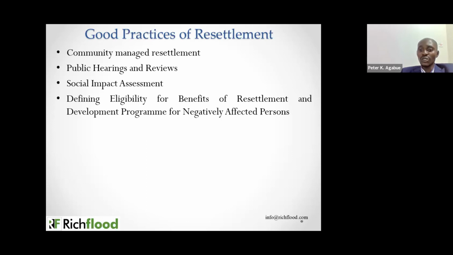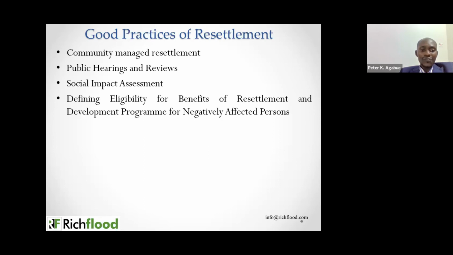Again, the adoption of a comprehensive plan to mitigate this impact and analyzing the extent of displacement and loss of livelihood is an important indicator of a successful resettlement and rehabilitation program.